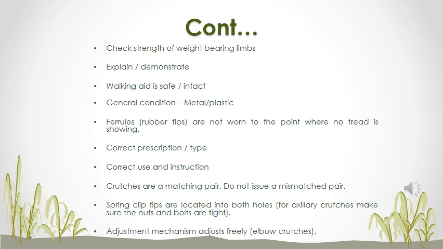Some walking aids are very old, or the rubber tip at the end is worn out and the actual crutch is sticking through it. Take a look at the general condition of the walking aid. The ferrules are the rubber tips on the end, the bottom of the crutches, the walking frame, and certain canes. Make sure they are not worn.